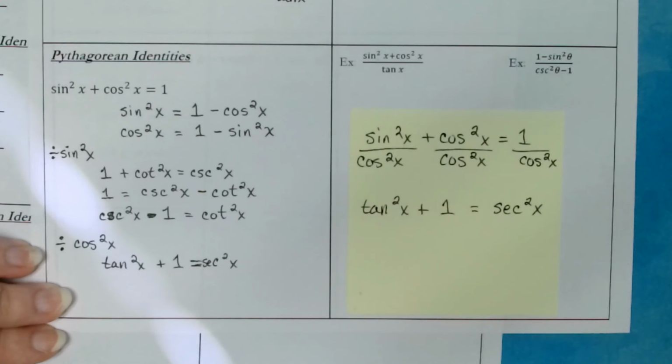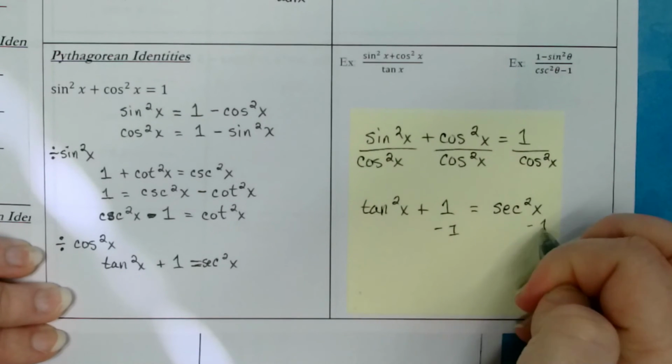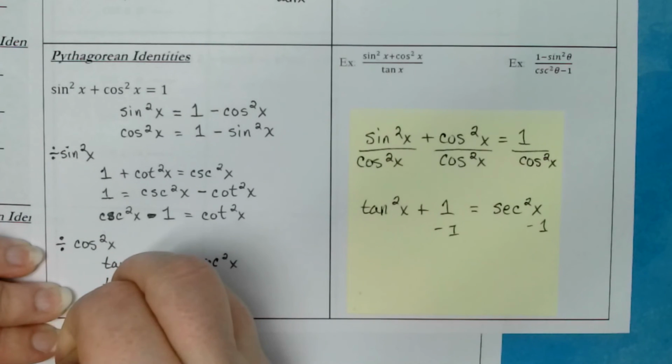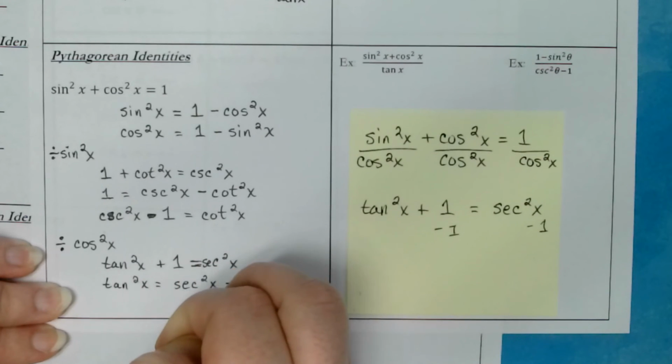Alright, same thing. I can subtract the 1 to get the tangent by itself. So then I'd have tangent squared x equals secant squared x minus 1.